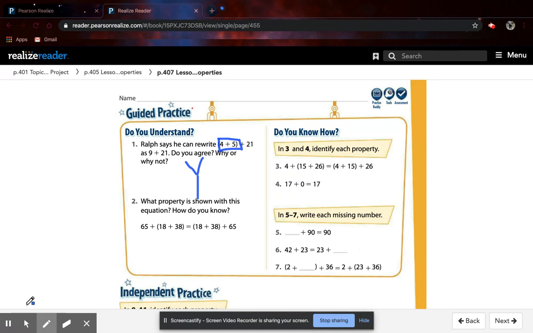Because in associative, the numbers are still going to stay in the same order. They're just going to be grouped differently. And if we look here, 18 plus 38 and 18 plus 38 are the ones that are both grouped together. So the only thing that is changing is where our 65 comes in. So the order of our numbers overall, so it is the commutative property.